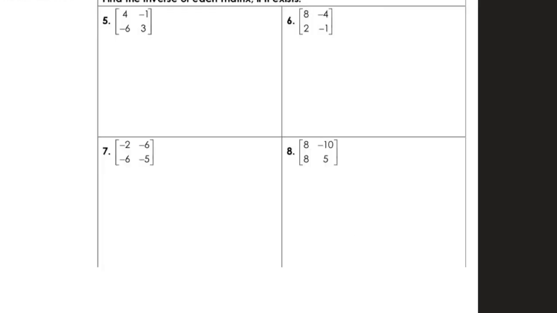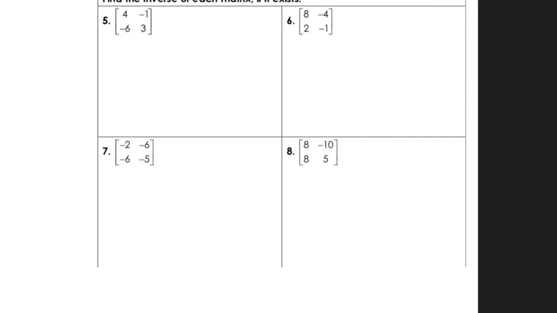Your first step with trying to find the inverse is just to make sure you will have an inverse. You're not always going to have an inverse. For the ones that don't have an inverse, that's going to mean that your determinant is equal to 0. So first thing, always find your determinant.